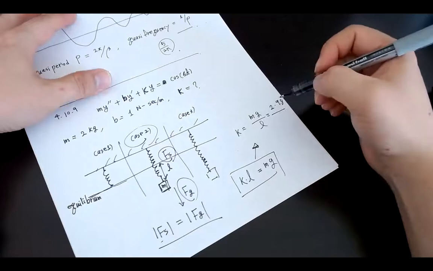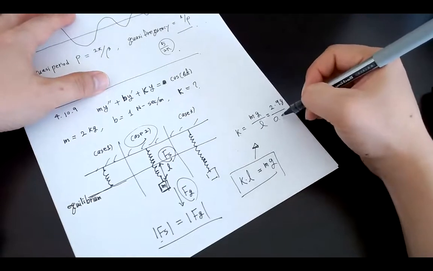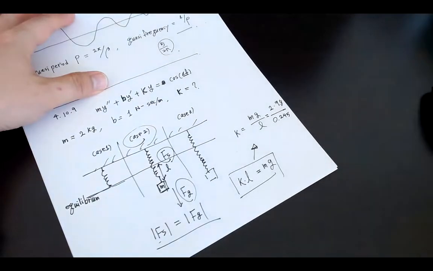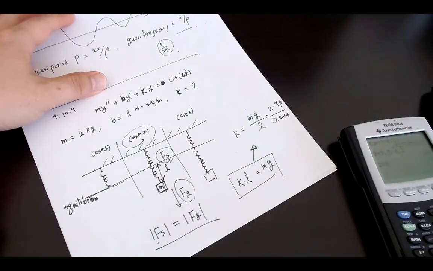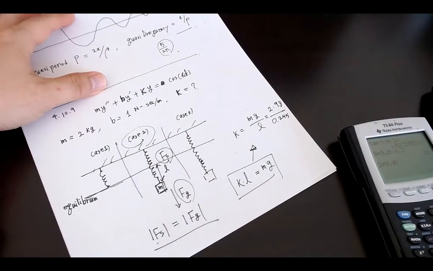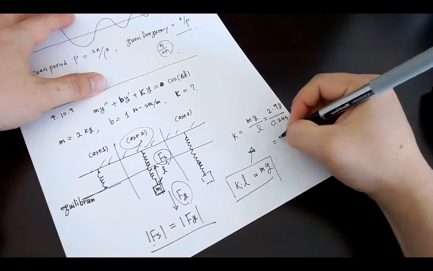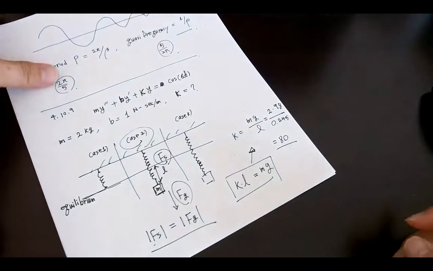And the length is, the problem says, 0.245. Okay, so using the calculator, this is 2 times 9.8 divided by 0.245. That's going to be 80. So we figured out the spring constant.